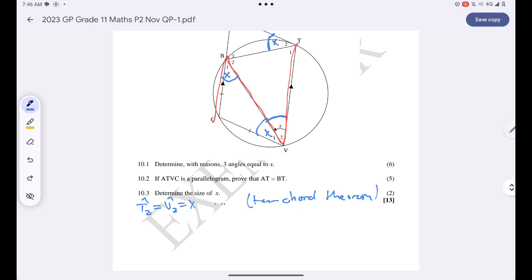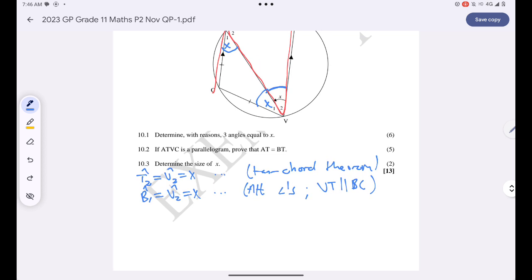And then since it is given that VT is parallel to BC, I can therefore conclude that angle B1 is equal to V2, which is equal to X. These are alternating angles. Why? Because VT is parallel to BC.